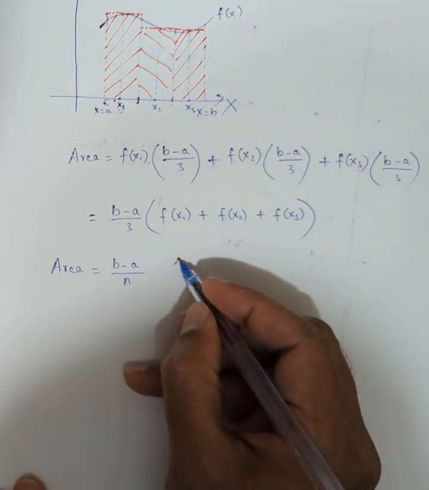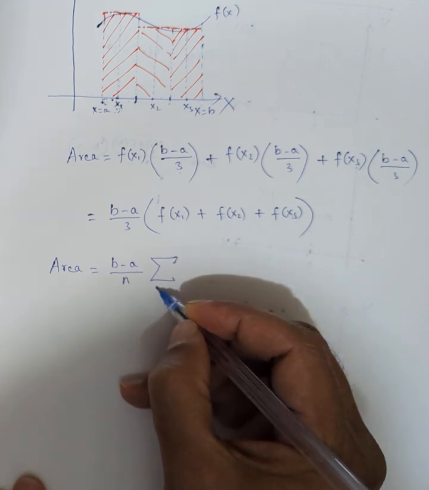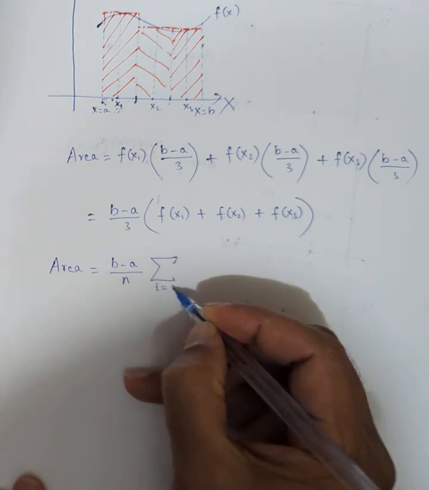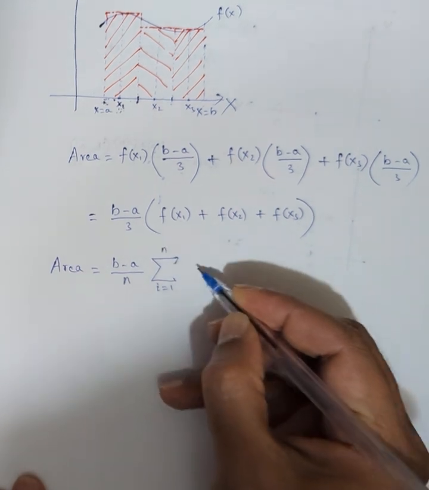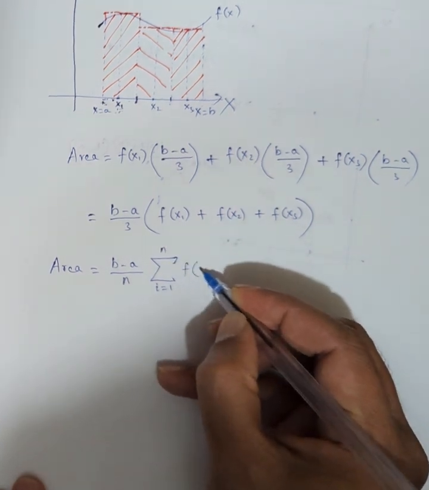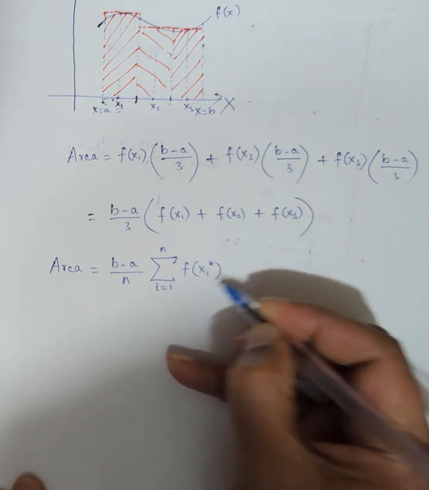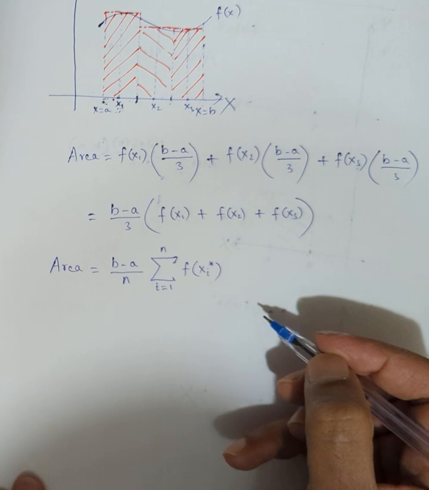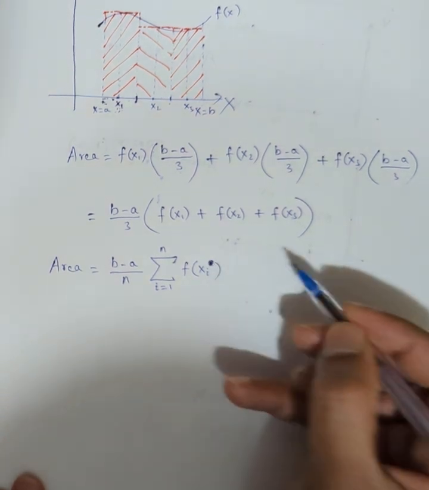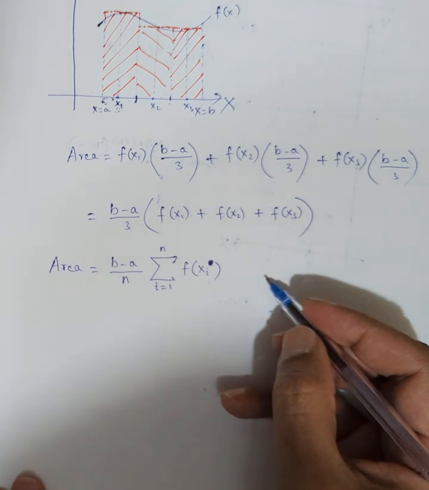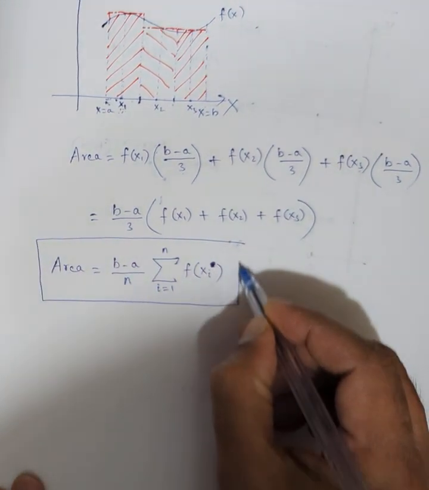So I can use summation notation: b minus a over n, the sum indexed with i of f of xi. So this is the formula for the Riemann sum.